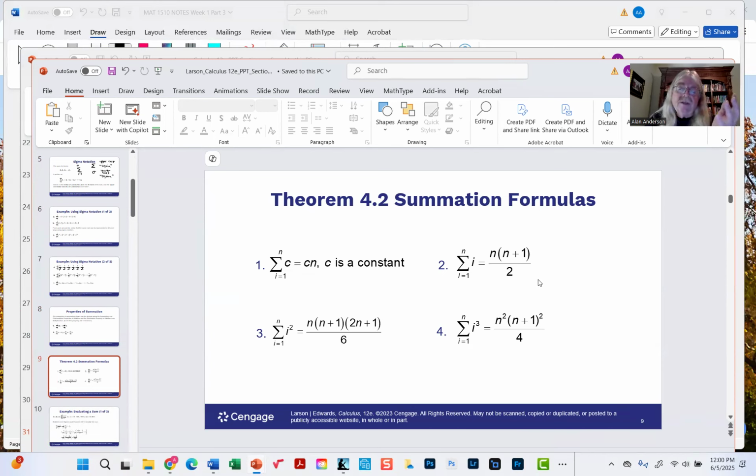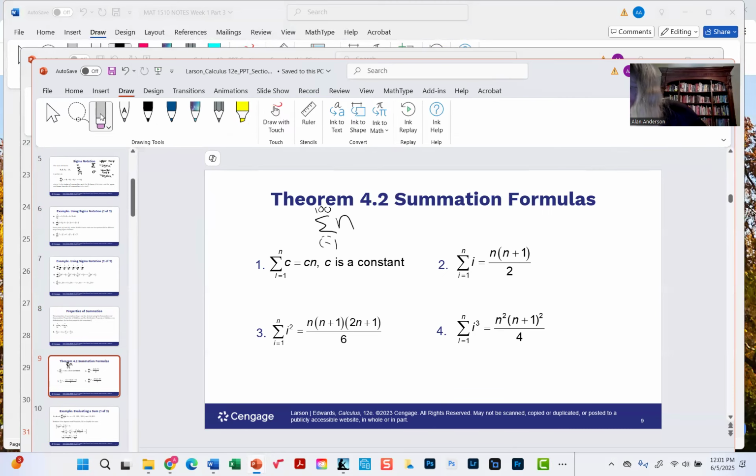Now, by the way, here's some interesting results that will come in handy later on in chapter 9. The sum of i from 1 to n is actually equal to n times n plus 1 over 2. So in other words, if I wanted to add up the first 100 numbers really quickly, I could sit there and actually do it 1, 2, 3, 4.